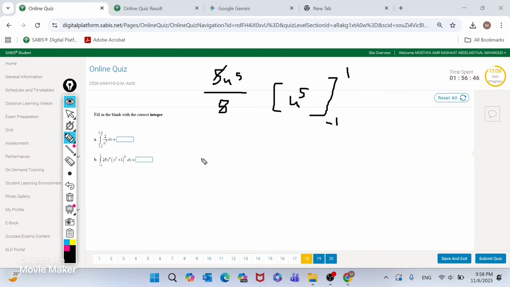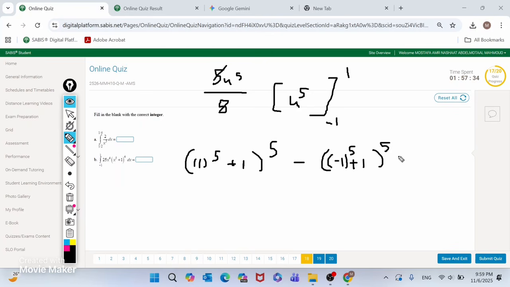So u is x to the power of 5 plus 1, so we replace the x with 1: 1 to the power of 5 plus 1, and the whole thing is to the power of 5, and then minus -1 to the power of 5 plus 1, all to the power of 5, okay?